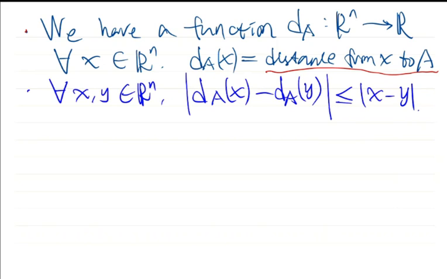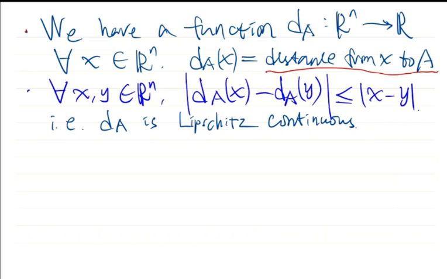Okay, this means this function is Lipschitz continuous, with Lipschitz constant 1. So this is a very useful inequality, which implies that d_A is uniformly continuous. Of course, it is continuous over all of R^n.